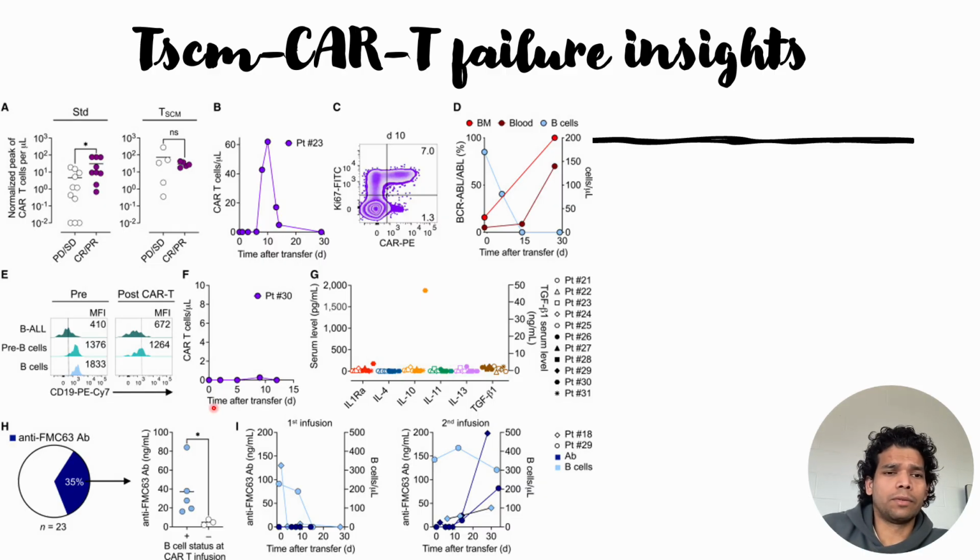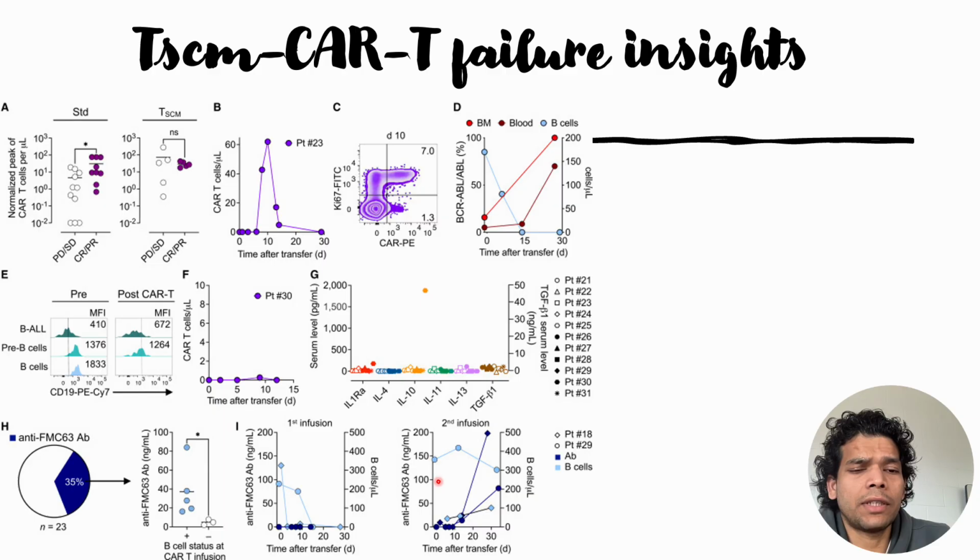To check this antibody response at different infusions, they selected 4 patients that have B cells present before the CAR-T cell infusions. After the first infusion, they see that the anti-FMC63 antibody formation goes down after some days, and in this case, after the first infusion, they see suppression of the tumor cells.